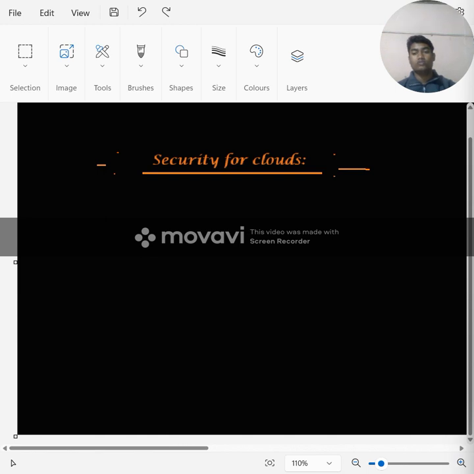Cloud providers and users need to adhere to industry-specific regulations and compliance standards to maintain data integrity and privacy.